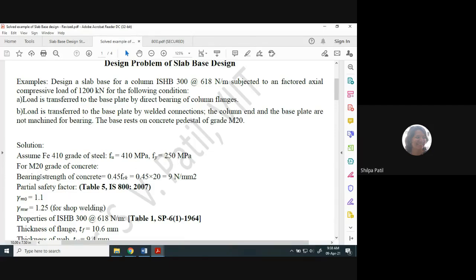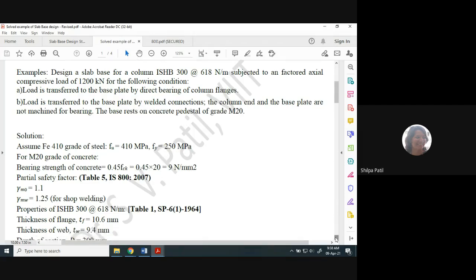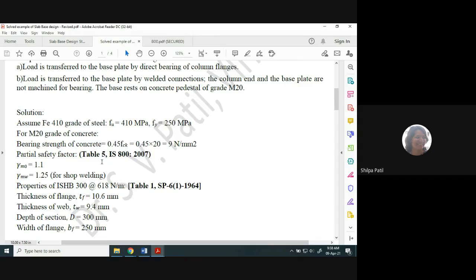For M20 grade of concrete, the bearing strength of concrete is 0.446 fck or 0.45 fck. fck is taken here as 20, so we get this value as 9 Newton per mm square. Partial safety factors gamma M0, gamma MW will be required for design of welded connection. These values are written from IS 800.